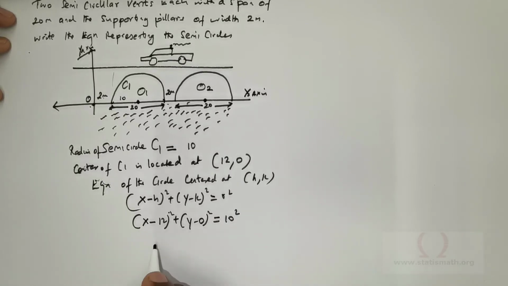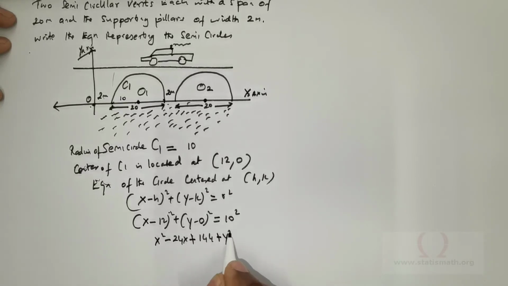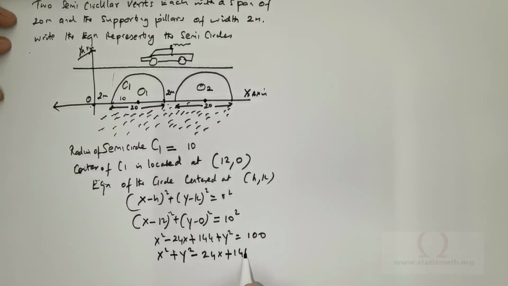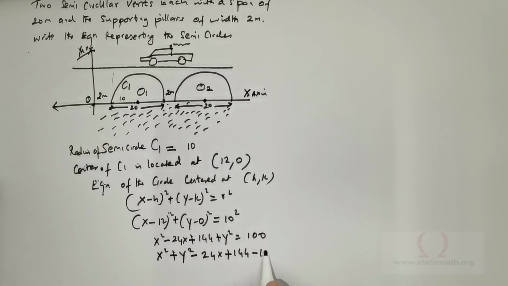If we expand, this is going to be x squared minus 24x plus 144 plus y squared is equal to 100. Now I can rewrite this as x squared plus y squared minus 24x plus 144 minus 100 is equal to 0.